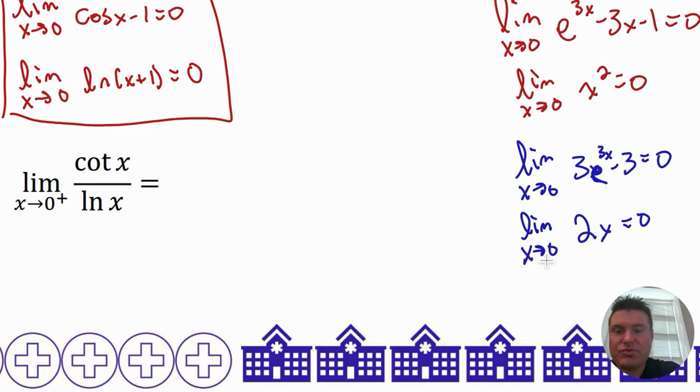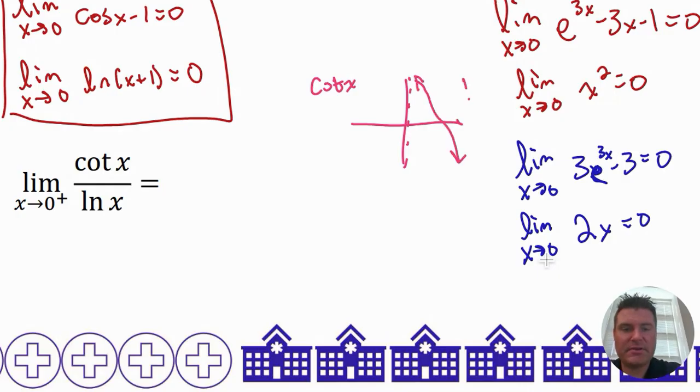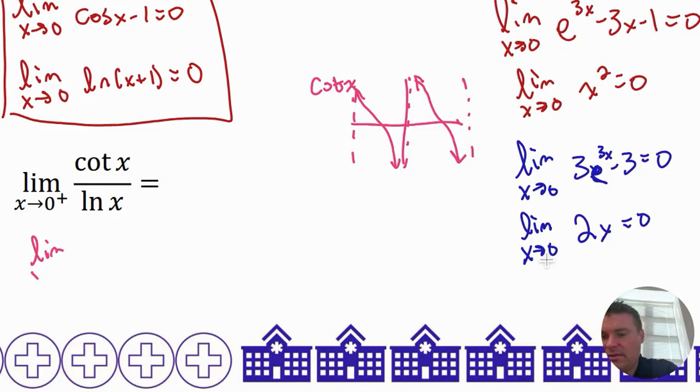So if I were to just real quickly graph cotangent of x on an axis like this, cotangent of x is a decreasing function. That's a better one. So as we look at 0 to the right, you can clearly tell that cotangent of x equals positive infinity.